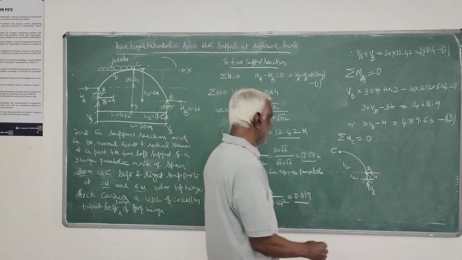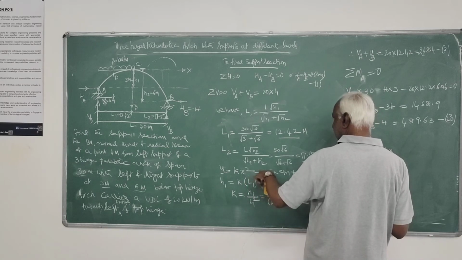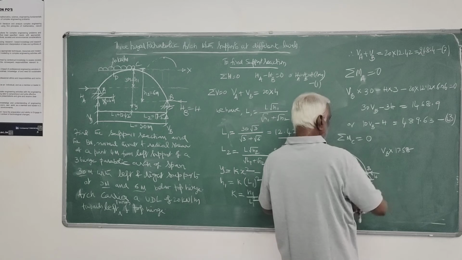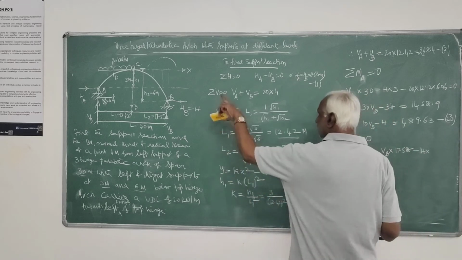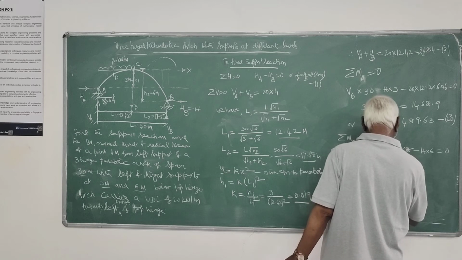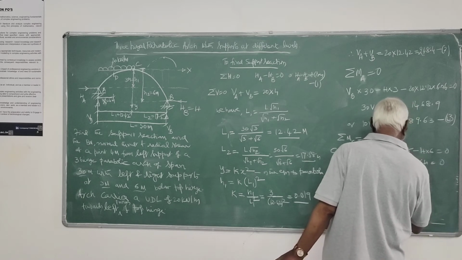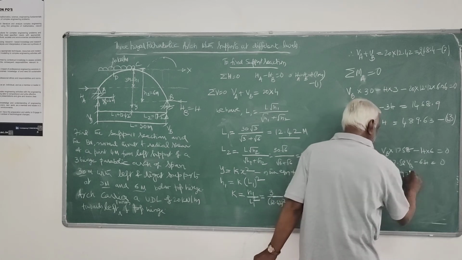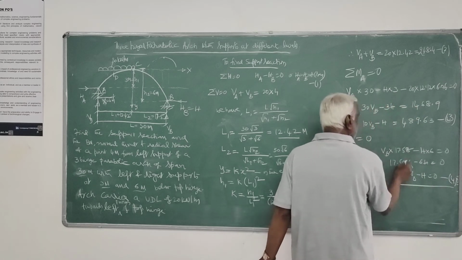From this free body diagram, I will get VB into L2, 17.58, in the anticlockwise direction. Then minus H into 6 equals 0. Or 17.58 VB minus 6H equals 0. Or 2.93 VB minus H is equal to 0. Call this equation 4.